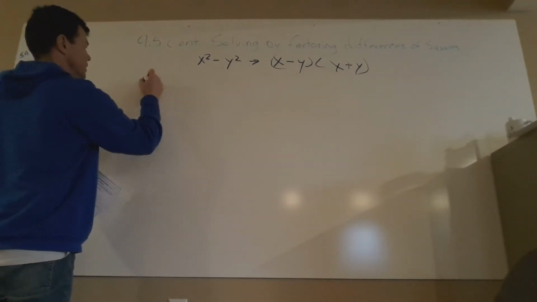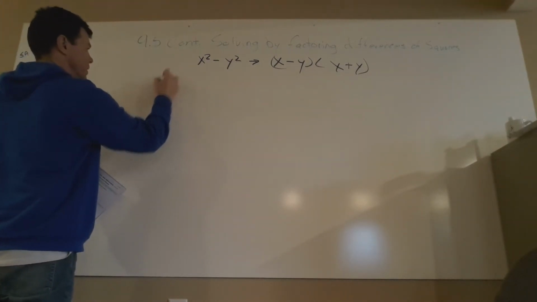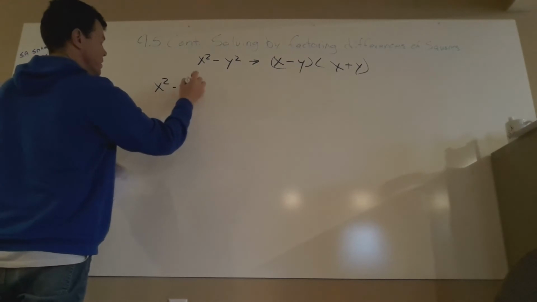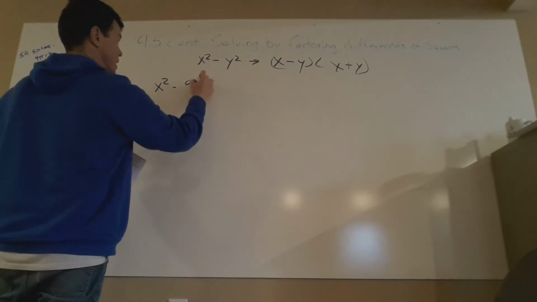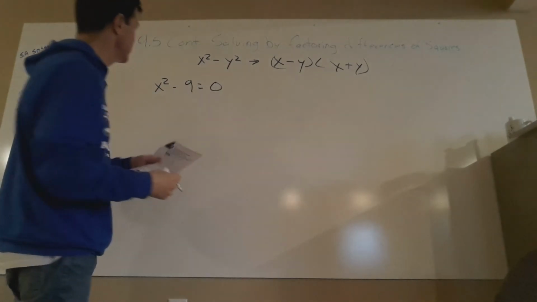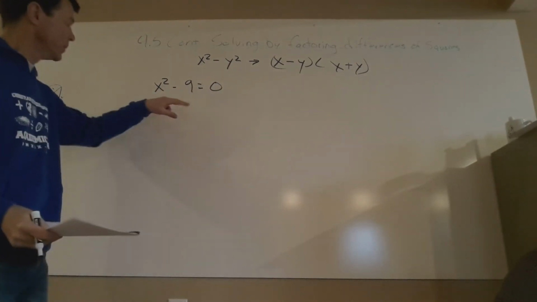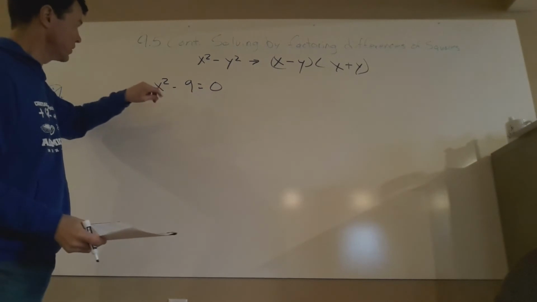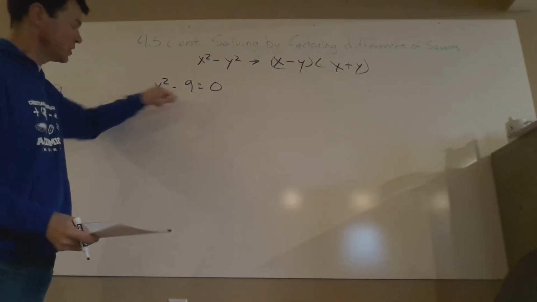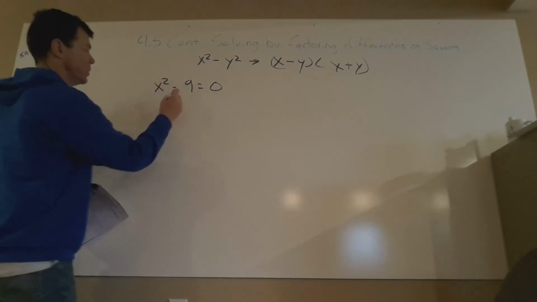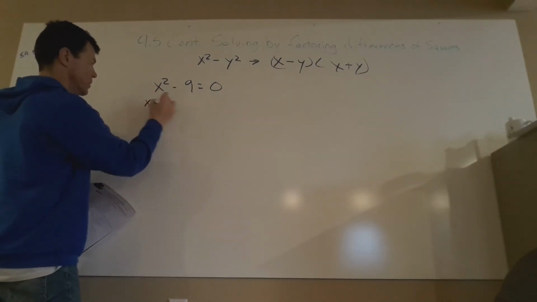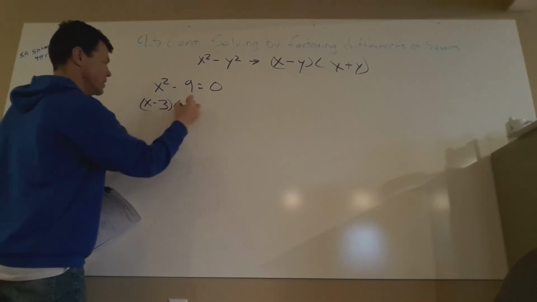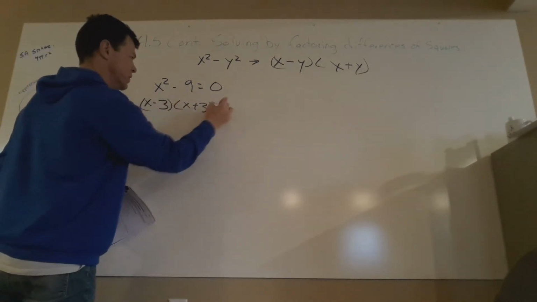Let's say we have x squared minus 9 equals 0. So we're going to still solve for x. It already said equal to 0, so we don't have to worry about that. Solve this using difference of squares, because square root of 9 is 3. We factor to x minus 3, x plus 3 equals 0.